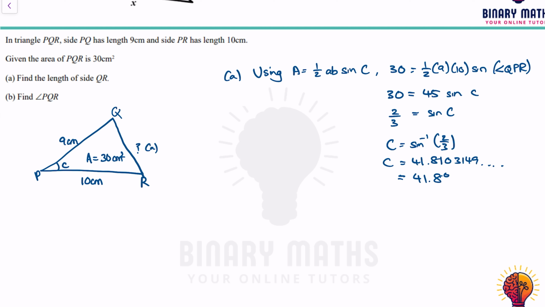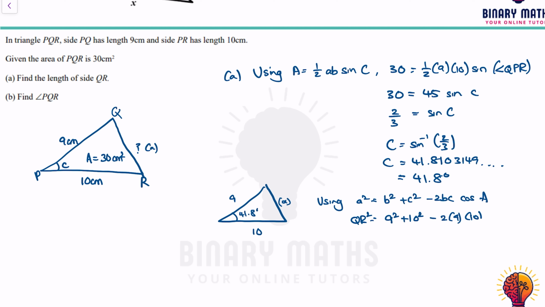Let's call this A. Then I'm using the cosine rule, because I don't have an opposite length and angle, using A squared is equal to B squared plus C squared minus 2BC cosine A. Then QR squared must be equal to 9 squared plus 10 squared minus 2 times 9 times 10 times cosine of 41.8 degrees.